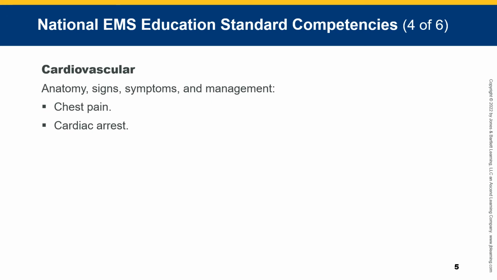Naturally, we'll be talking about cardiovascular incidents, and we'll look at anatomy, signs, symptoms, and management of chest pain and cardiac arrest. And these are covered on pages 207 through 209 of your book.